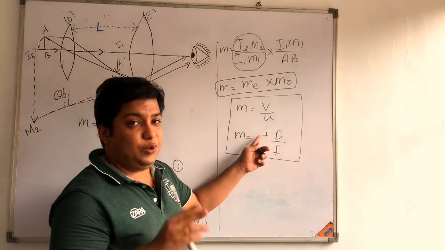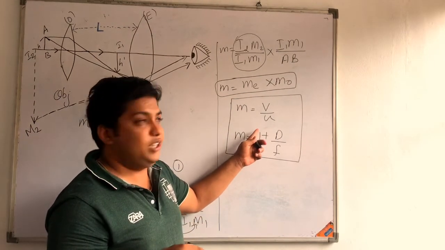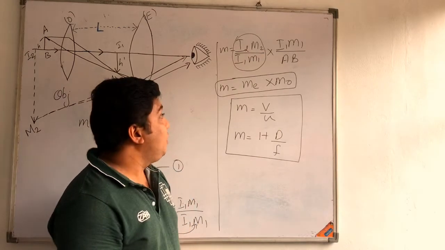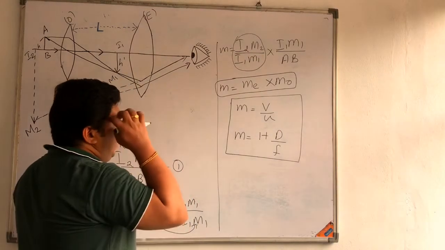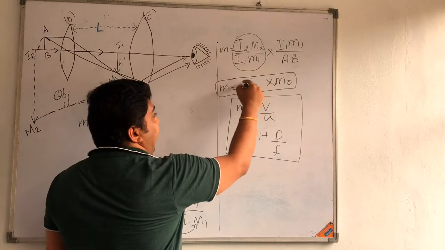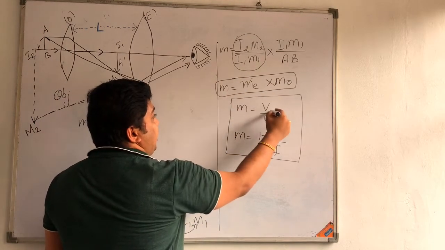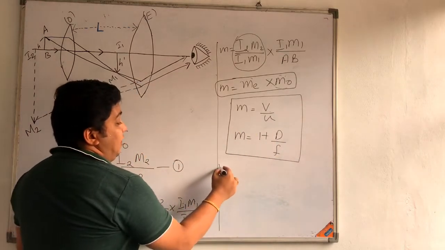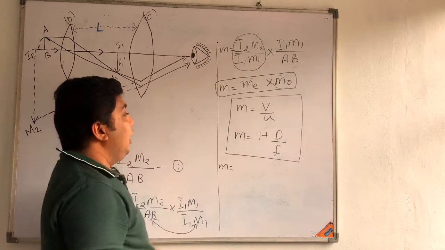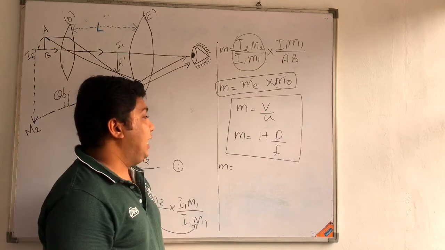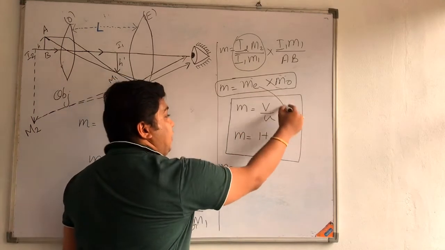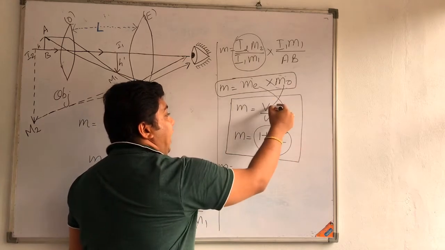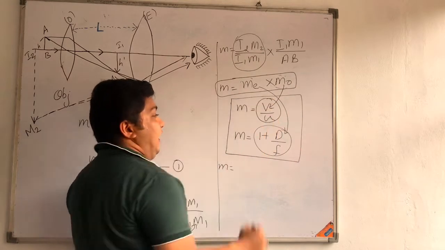So we know two different equations for magnification, one is V by U, another one is 1 plus D by F. So we can write one magnification with the first equation and the other with the second equation. So M is equal to ME into MO.